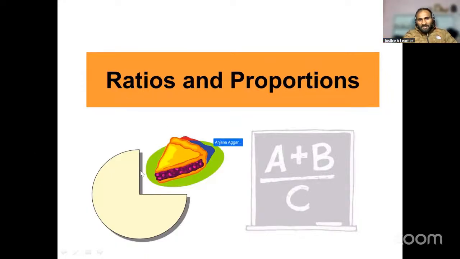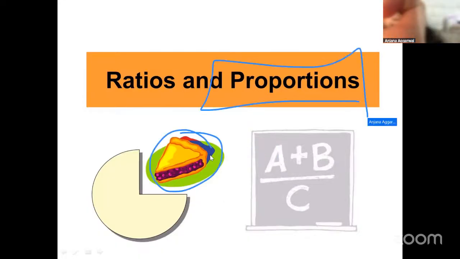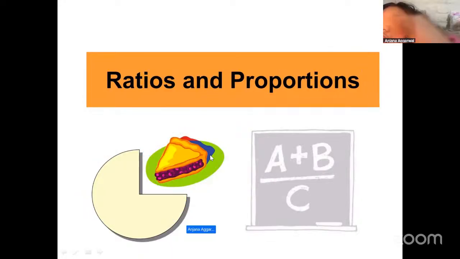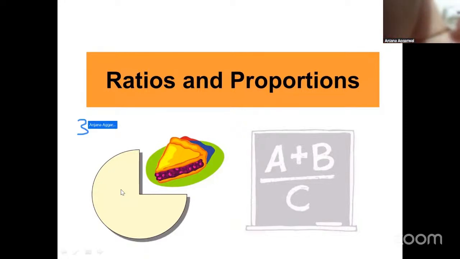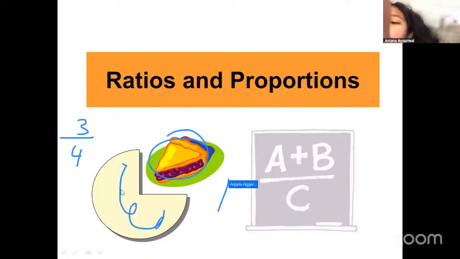Here is a pizza, and a part is taken, a slice is taken out of it, right? So this pizza part is a proportion, a part of this whole pizza. Can you give me the fraction for this? 3/4. Which side? This side is 3/4, and this side is 1/4.